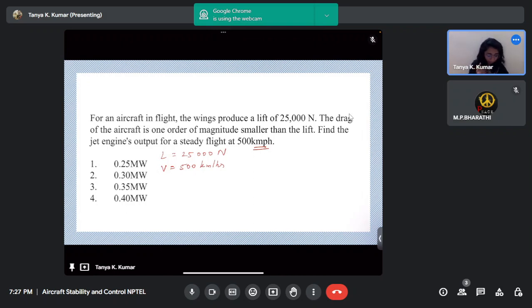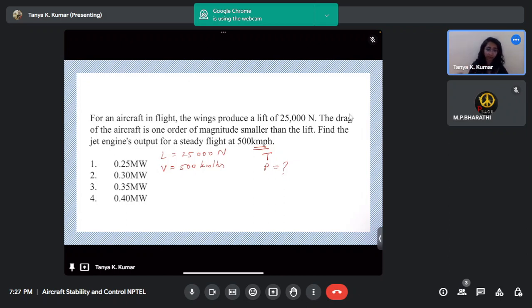Okay, so here they've asked you to find out the jet engine's output. What is the jet engine's output? Jet engine's output is thrust, right? So it's thrust. But look at the answers. The options are given in megawatts. So the output would be power. We need to find out power. What is the formula for power?